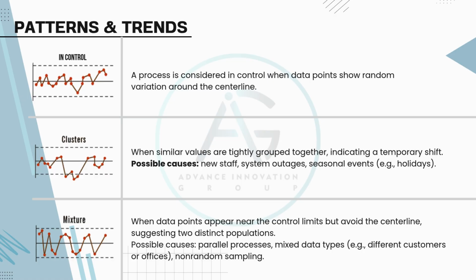Possible causes include parallel processes, mixed data types, like different customers or locations, or non-random sampling. Recognizing these patterns helps detect underlying issues even when all points lie within the control limits. It's a reminder that being within limits doesn't always mean the process is healthy.